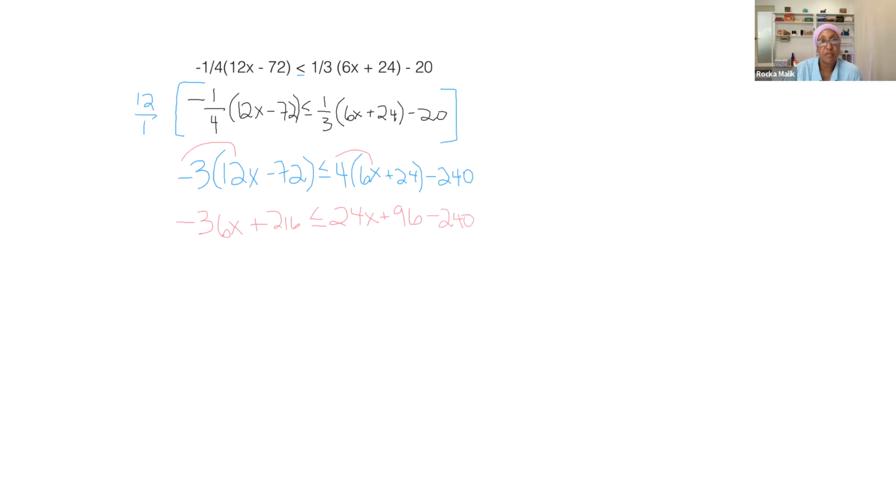Okay, so on this side, I can combine the 96 and the minus 240. What is 240 minus 96? And then my answer will be negative. 144, minus 144.